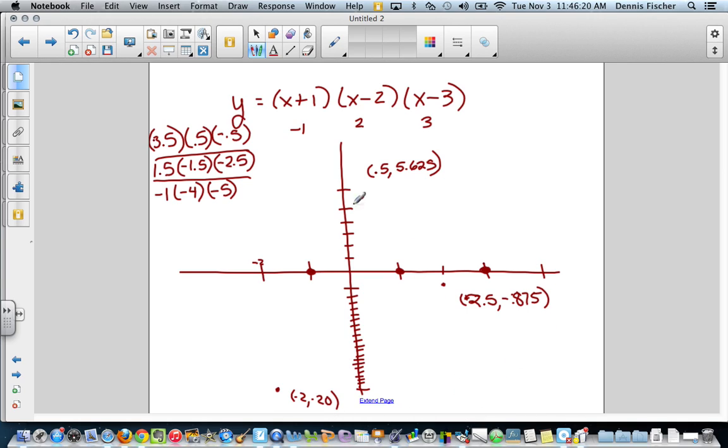If I plug in 4, 4 plus 1 is 5, 4 minus 2 is 2, and 4 minus 3 is 1. Those are easy to multiply together. So 5 times 2 times 1 is 10. I'm going to put that point up here, and this is for 10, correct?